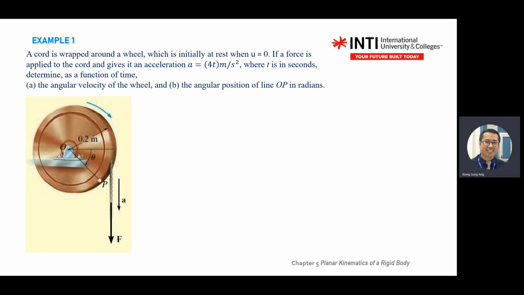Then how do you find V? How do you find V? This is mathematics, the concept is there. A equal to dv dt. V is given. So A dt equal to dv. What is the next step?